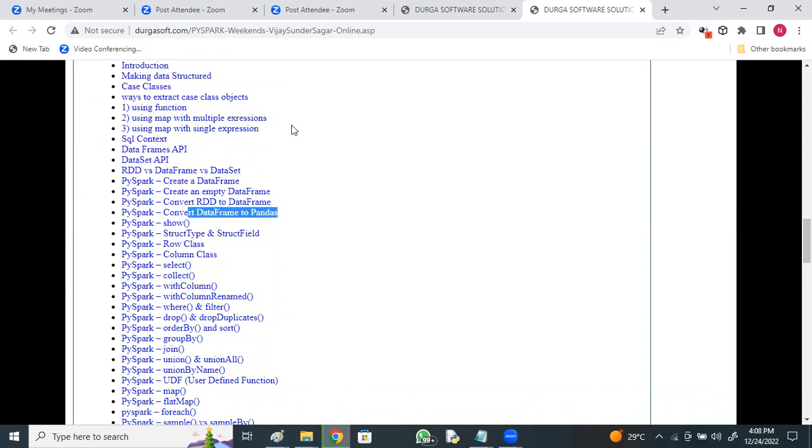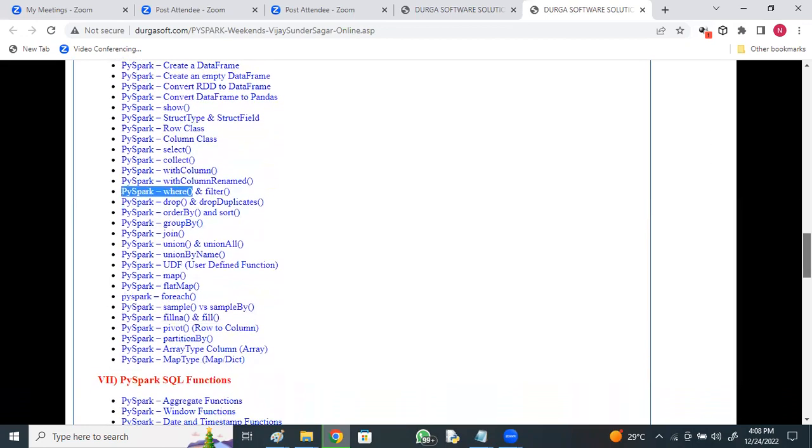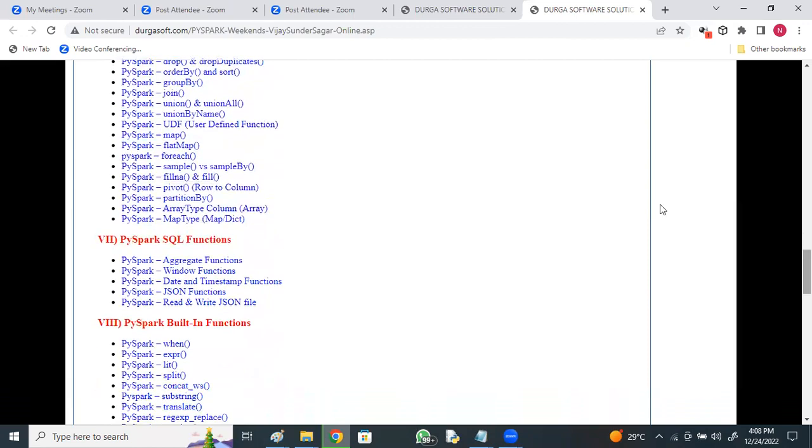How can we convert a DataFrame to pandas? PySpark show function, StructType, Row class, Column class, select, collect, withColumnRenamed, right? Where, filter, drop and dropDuplicates, orderBy, sort, groupBy, join, union all, union by name, UDF, map, flatMap, foreach, sample, fill nulls, pivot, partitionBy, all this, right?